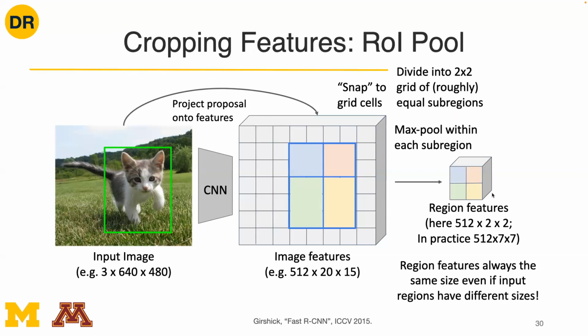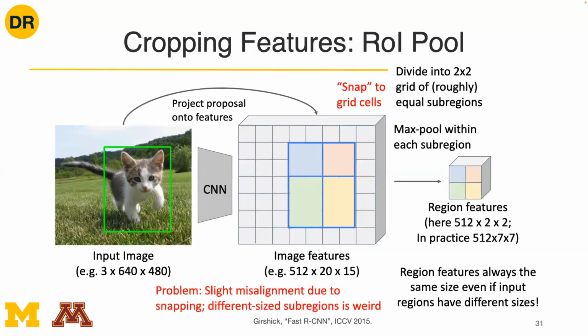The problem, which has been brought up now, is that there's going to be a slight misalignment in this projected feature map because of the rounding that the RoI pool does, because it was rounding from the continuous mapped coordinates into these fixed grid cell coordinates. So that's one issue.